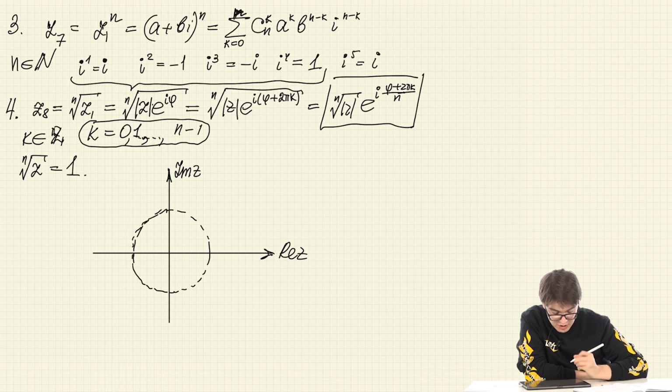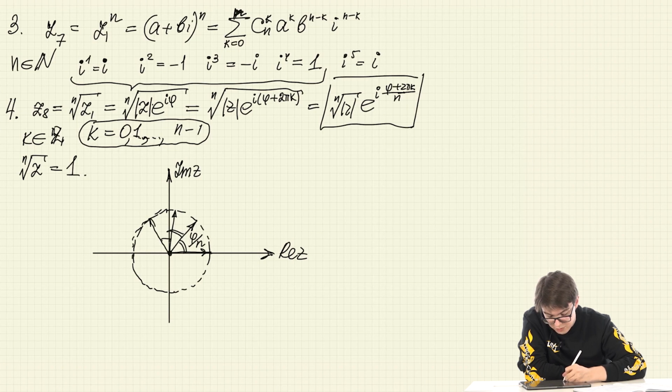So this is the nth root of 1, yeah, it's also 1. So we see the first solution here on the real axis, and then all next solutions are present at angles 2 pi over n, counting from the position of the first found solution.